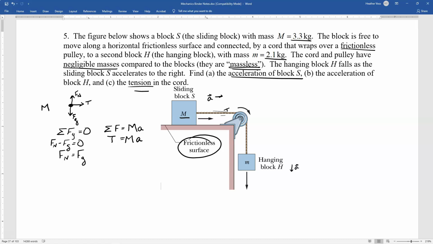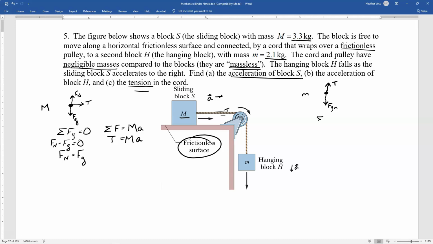Now if I look at the little block, little m, I have just two forces. I have the force due to gravity on little m, and I have the force tension. So one thing I do know, since I have a common rope, that rope is going to have the same tension. It is a massless rope, so it's an ideal rope. So the tension throughout this is going to be uniform.